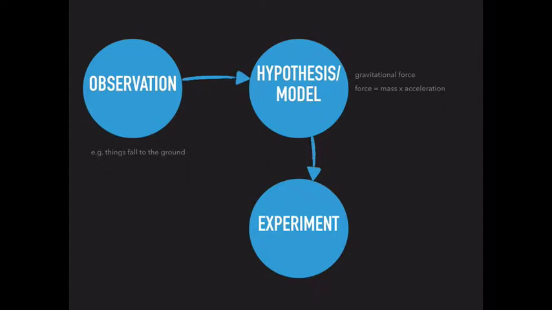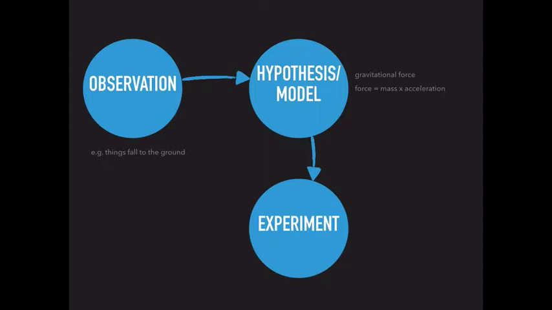And then the next step is you take your model and test it beyond your observations. So you try it on new things. If your hypothesis and model says that things fall to the ground at the same rate, so whether you drop a 50-ton ball or a tennis ball, they're going to arrive at the same time to the ground, absent drag, okay?